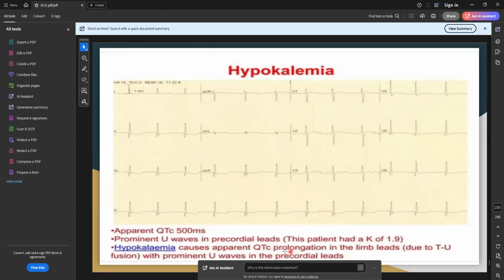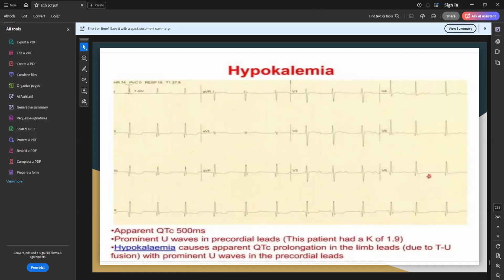Along with the QTC prolongation in hypokalemia, there will be prominent U waves in the precordial leads. Here are the precordial leads. This is the T wave. This is the U wave. You can see prominent U waves here. Here also you can see the U wave. This is the T wave. This is the U wave.